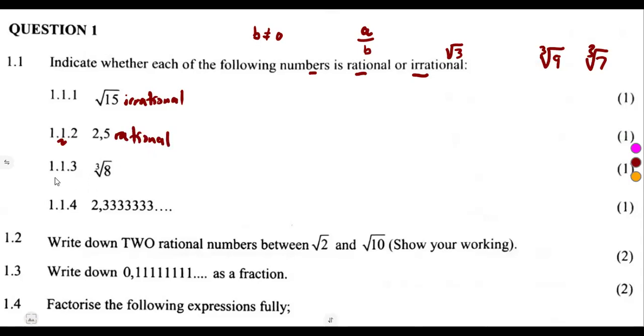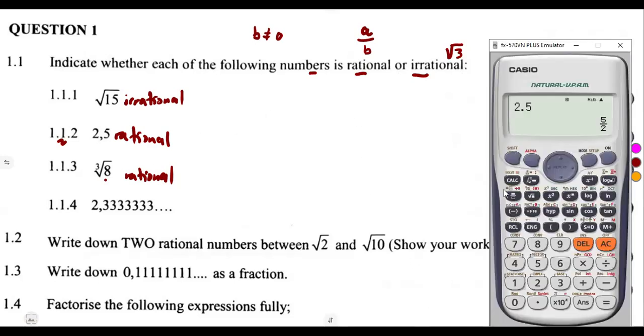All right, the cube root of 8. Take note, 8 is a perfect cube. So when it is a perfect cube, it means whatever you're going to obtain there is going to be what? A rational. Remember, I said irrational numbers are the cube roots of those numbers which are not perfect cubes. But this one, it's a perfect cube. You can also use your calculator to verify that.